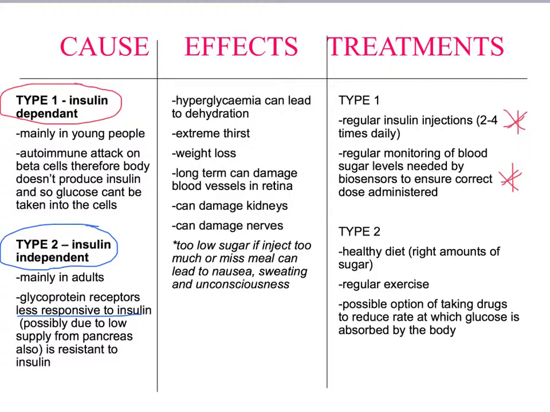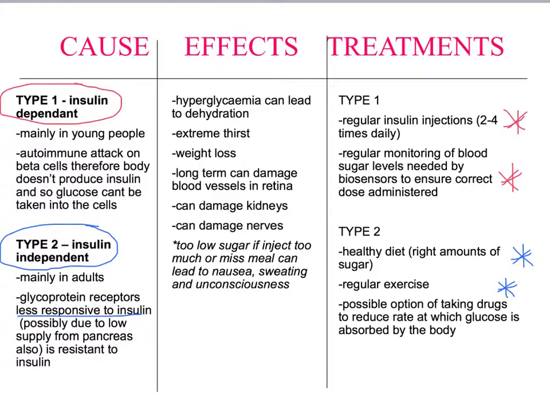Type 2 diabetes, well, with type 2, lifestyle factors can massively come into play. So it's important with type 2 that you control your blood sugar by maintaining a healthy diet and actually eating the right amount of sugar. And obviously, as a given, you need to do regular exercise.